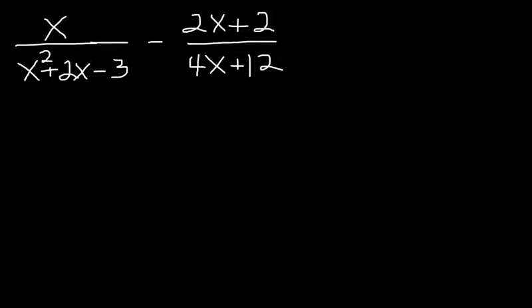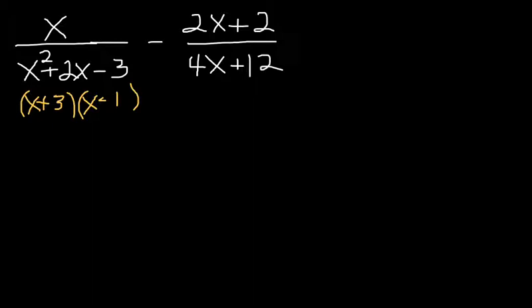So when I look at this first fraction, I realize that the first denominator will actually factor. It's a trinomial, and we're looking for what will multiply together to get 3 and subtract to get 2, so that's 3 and 1. We want positive 3 and negative 1, since the bigger number is going to be positive, to get positive 2x.